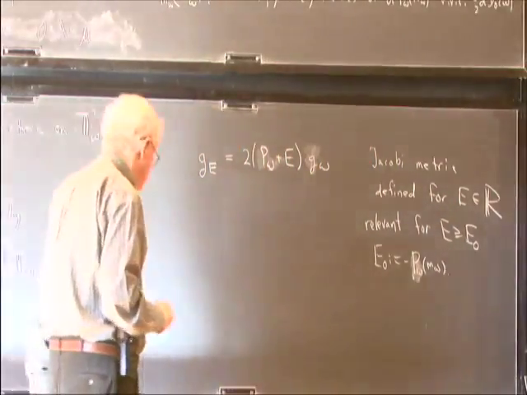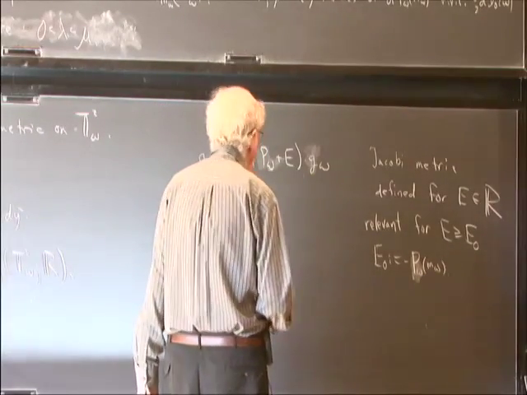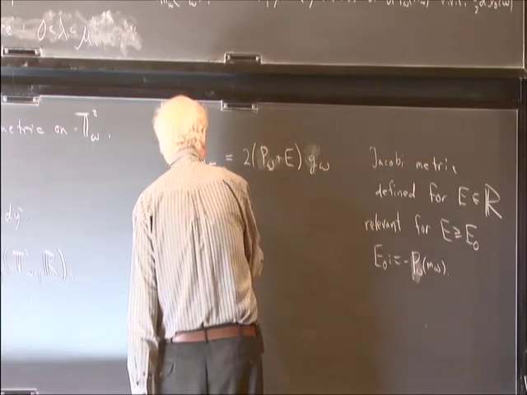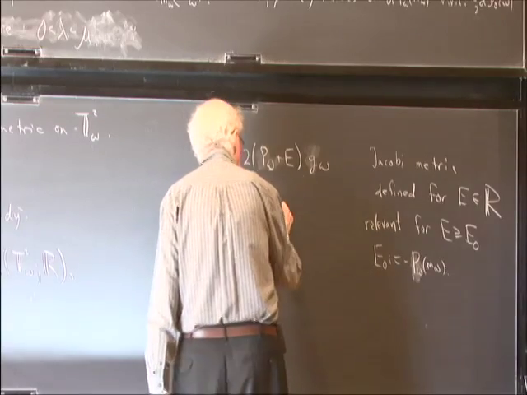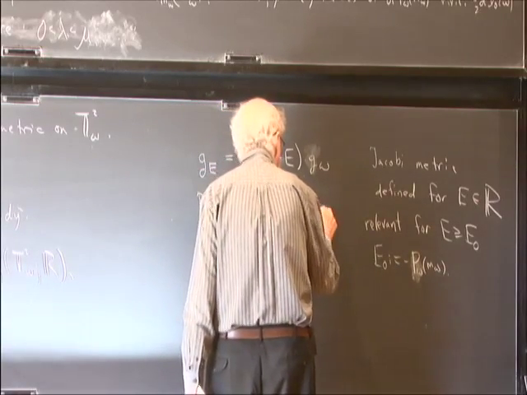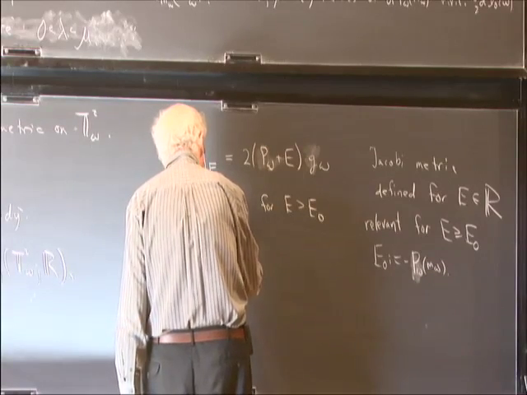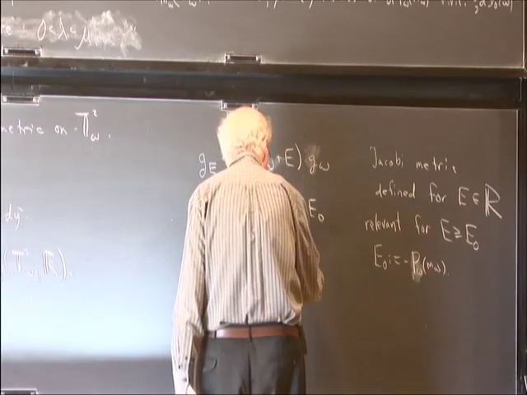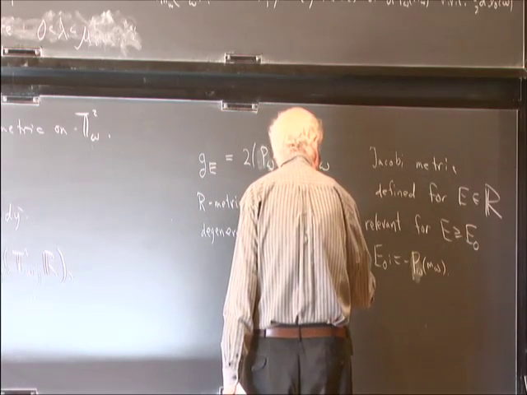Okay, so if E is greater than E0, then this is a Riemannian metric, and it degenerates at m omega for E equals E0.